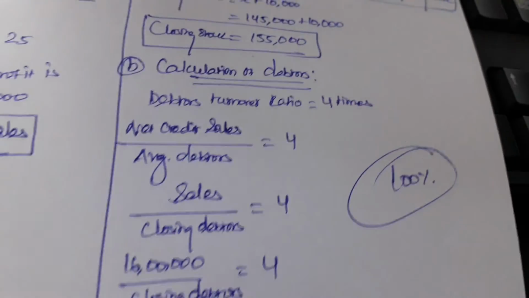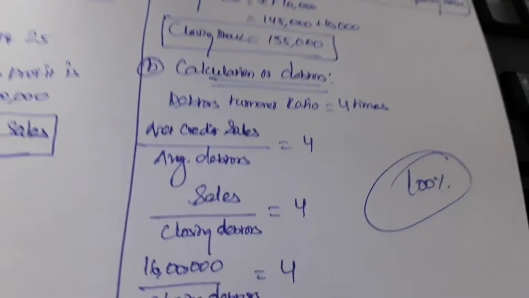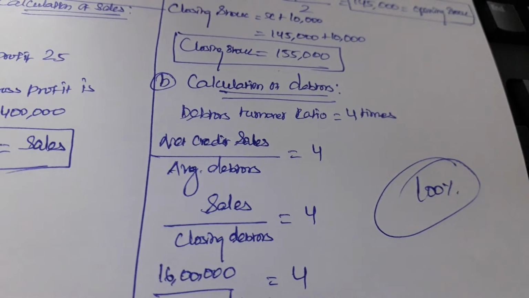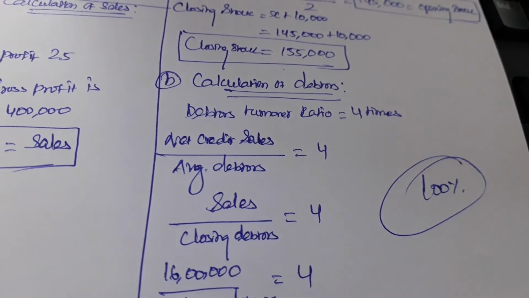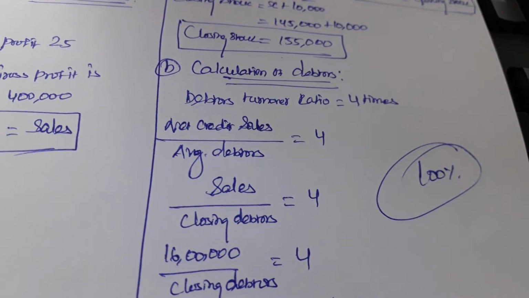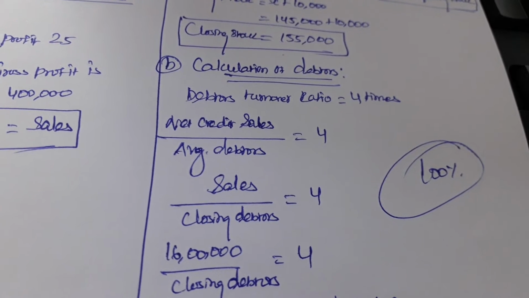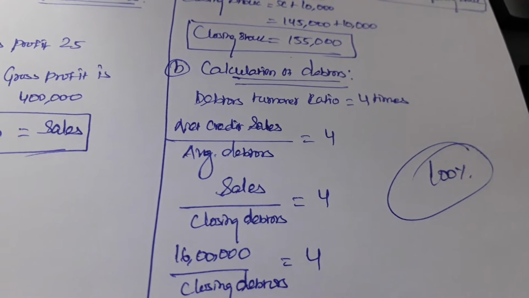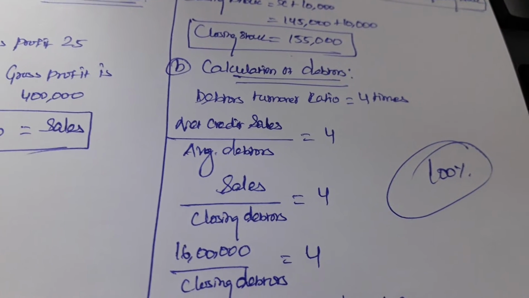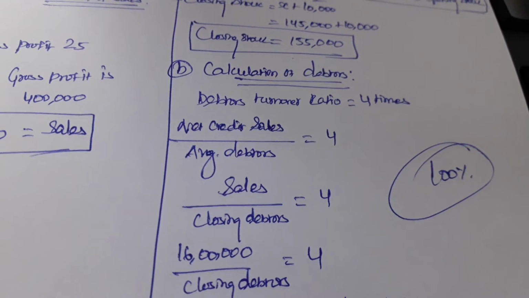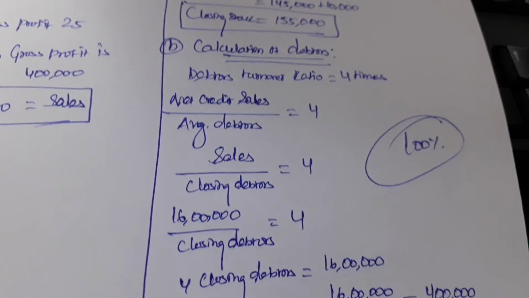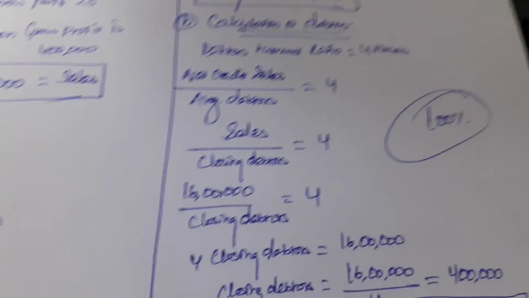Next, moving forward to the calculation of debtors. Debtors turnover ratio equals 4 times, which we calculated from the debtors velocity. The debtors turnover ratio formula is net credit sales divided by average debtors. But we don't have credit sales or average debtors, so we consider sales by closing debtors equal to 4.